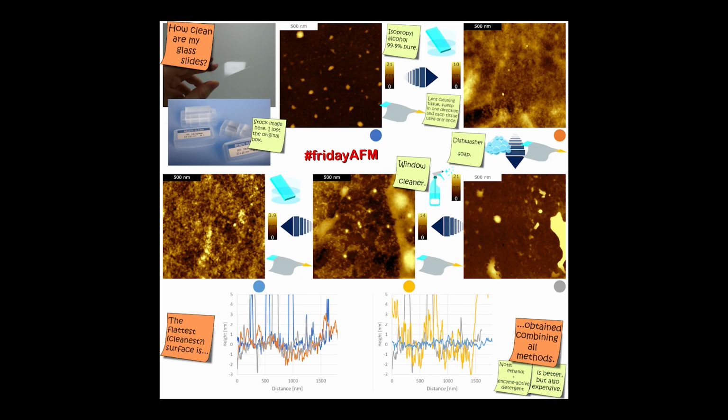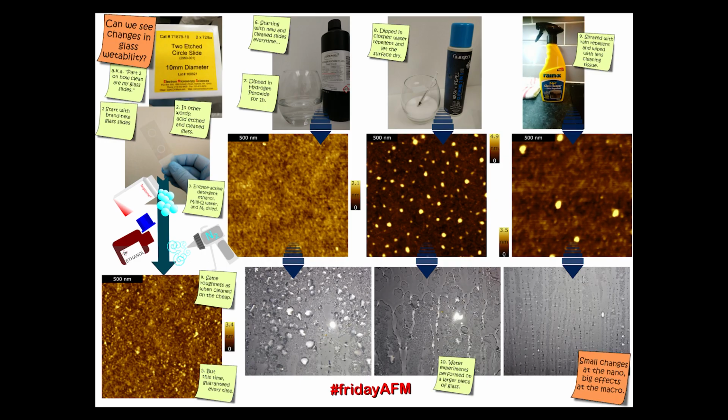Because I was not exactly happy with this result, sometime later I did another Friday AFM experiment, where I looked at the effect on water coating or water protection from using peroxide and different coating agents that you can find on Amazon. I liked the effect of peroxide; to me it was the best product for cleaning glass, at least when it comes to removing organic compounds.